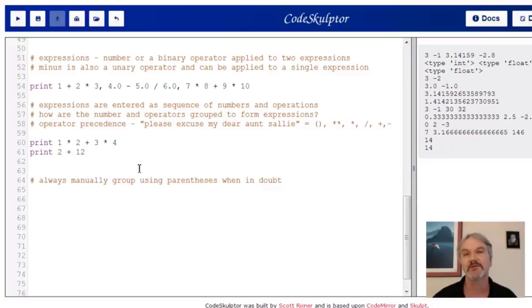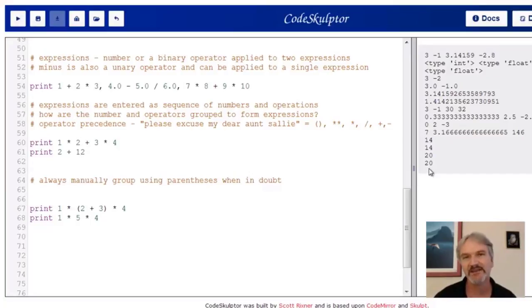And here's the real rule: if you're in doubt about the order in which operations take place, you can always use parentheses. So if I wanted to do that 2 plus 3 first, I could say 1 times the quantity 2 plus 3 times 4. That should be the same thing as 1 times 5 times 4. And sure enough, these both evaluate to 20.